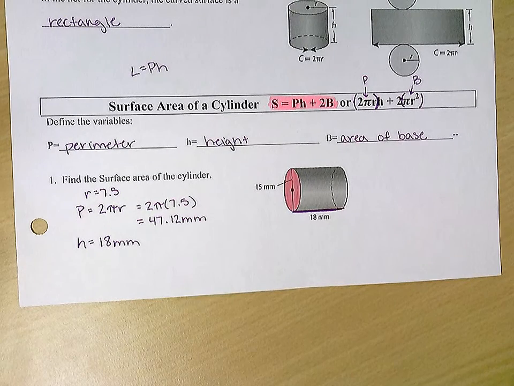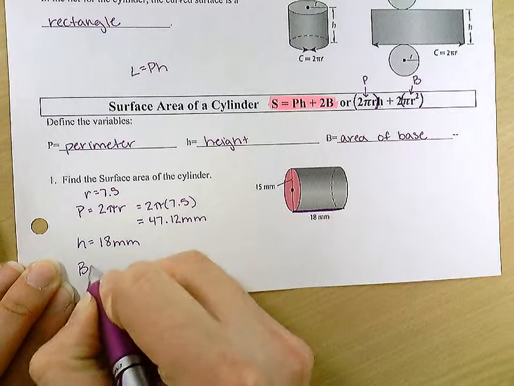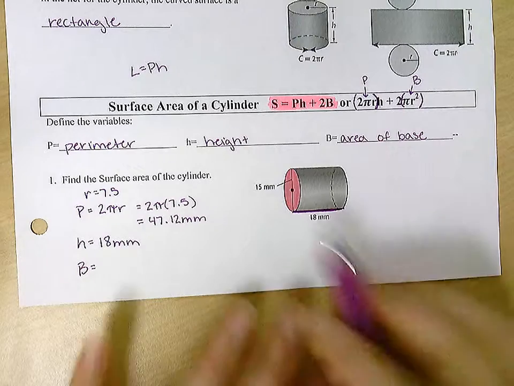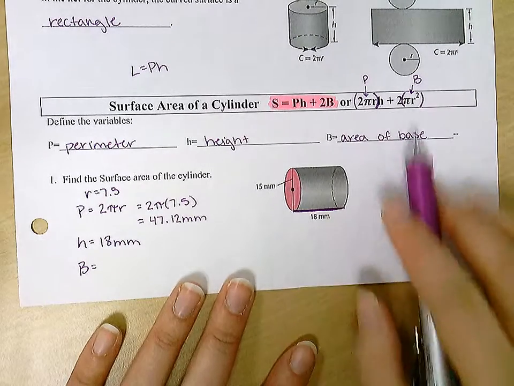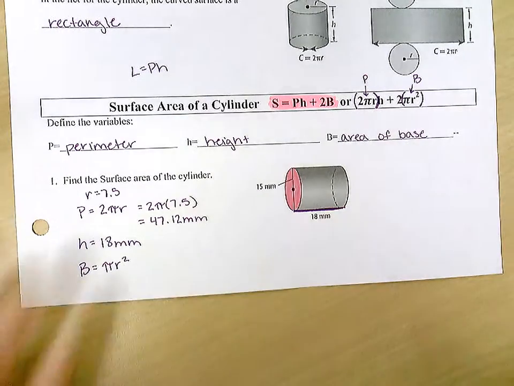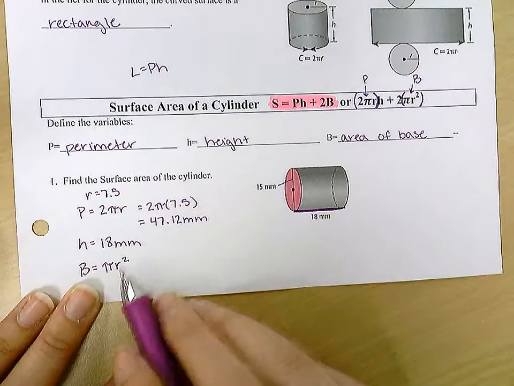The last thing I need to find surface area is capital B, and that is the area of the base. To find the area of the base, which is a circle, we have to use pi r squared. We know what r is.